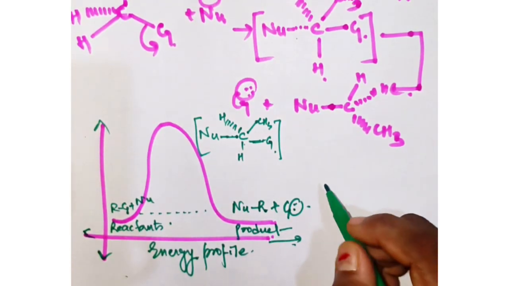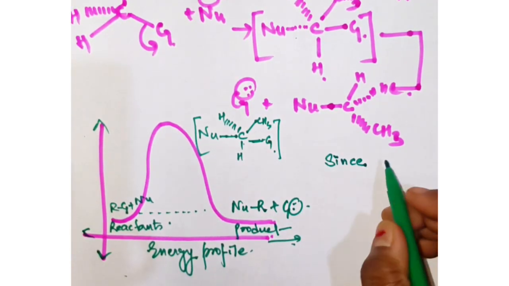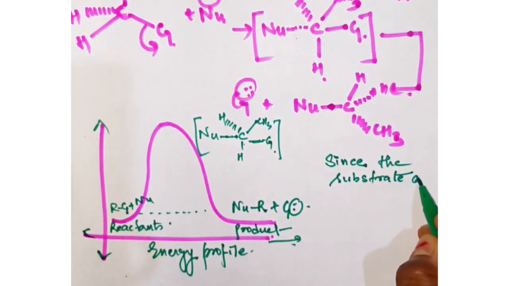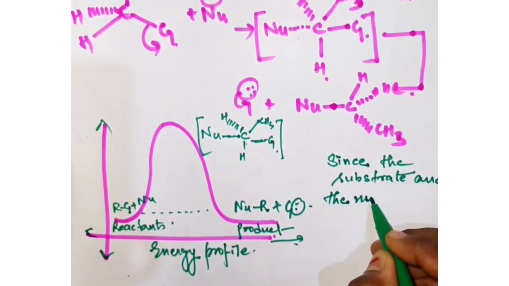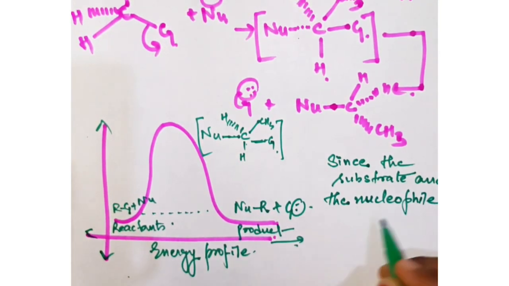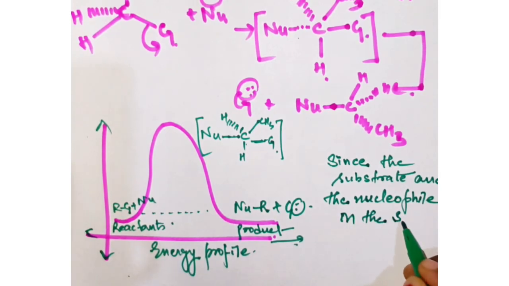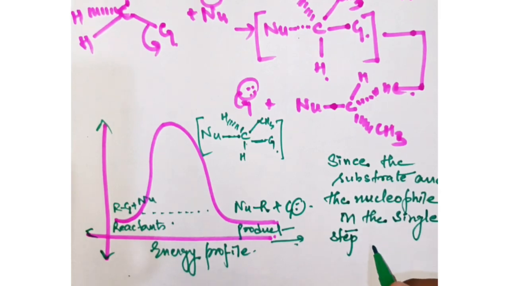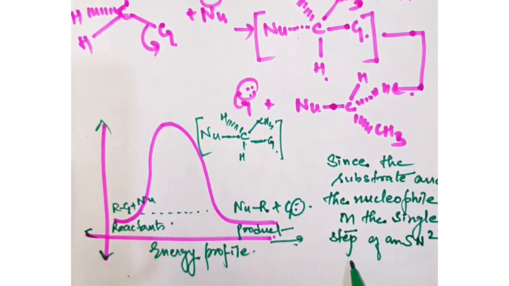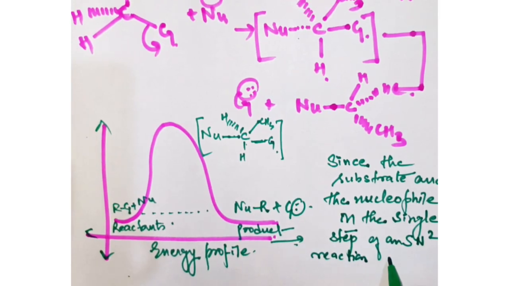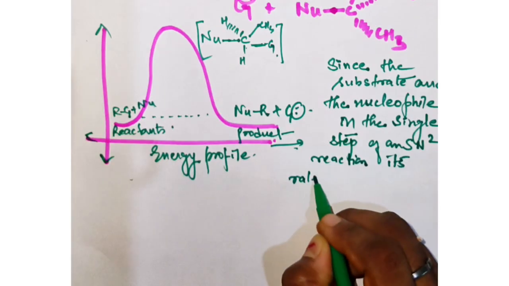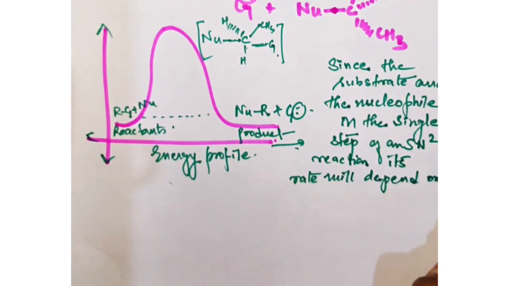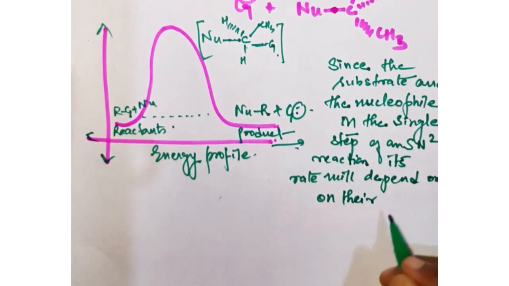This is important to write, please note it down. Since the substrate and the nucleophile are involved in the single step of an SN2 reaction, its rate will depend only on their concentrations.